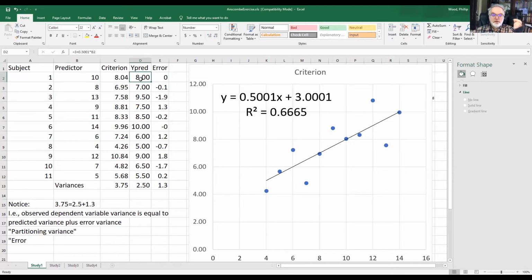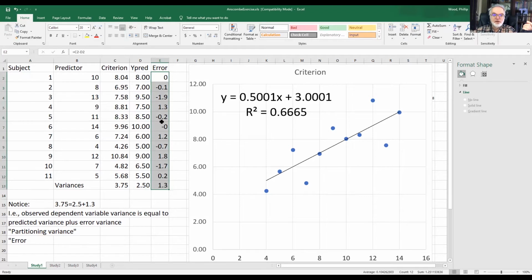And the other thing I can do is to take the dependent variable values and subtract from that my predictions and get errors of prediction. So for this observation, I predicted a 7. The data has only 6.95, so I'm off by 0.05.